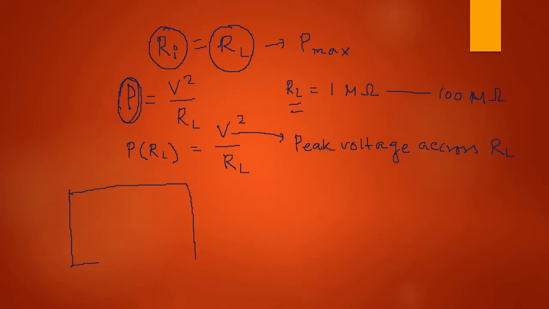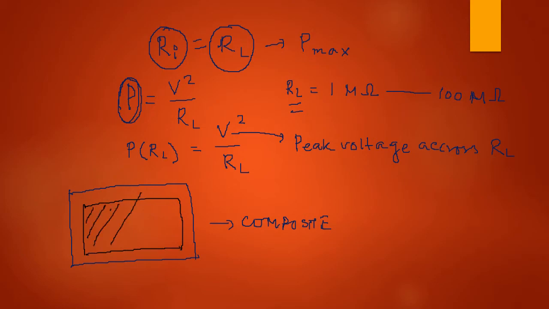This is the film which you have deposited, the composite film, and here you have an active area. Active area means the area you have covered with the deposition, not the complete area. That is your active area.